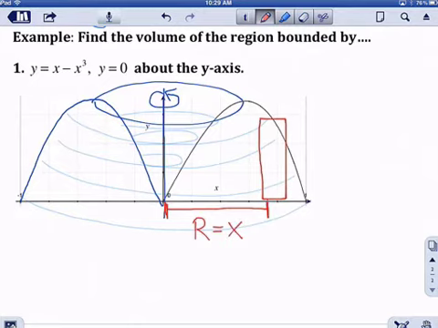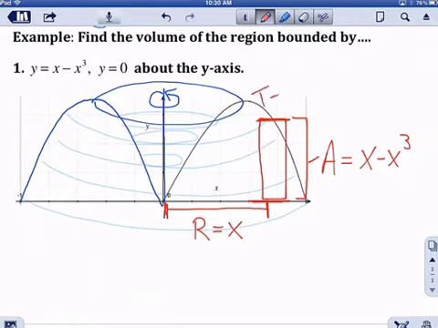We also need to find the altitude, which goes from here to here. And the altitude here is going to be the height of that rectangle. And in thinking about this, it just goes from y equals 0 up to the function. So in this case, it just goes to f of x, and this is just going to be x minus x cubed. And then the thickness is right here. This is just going to be delta x.